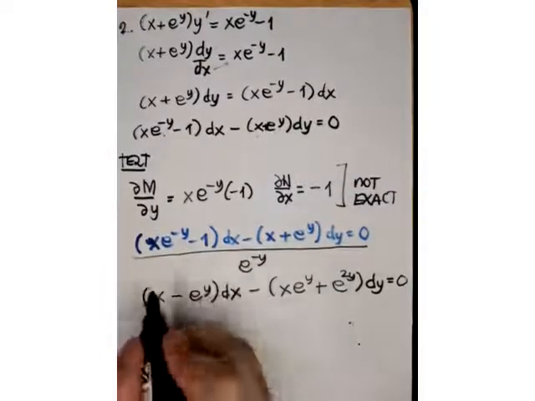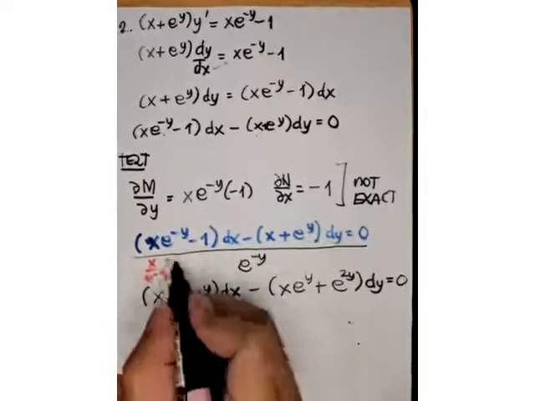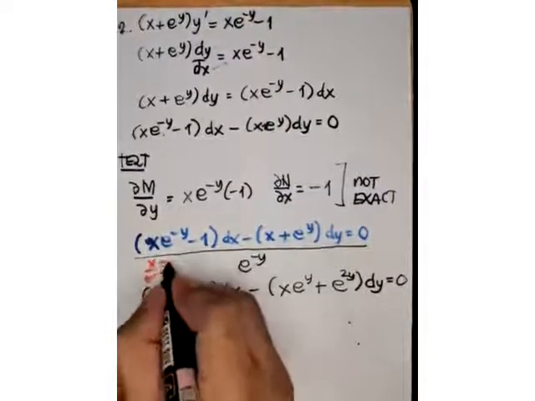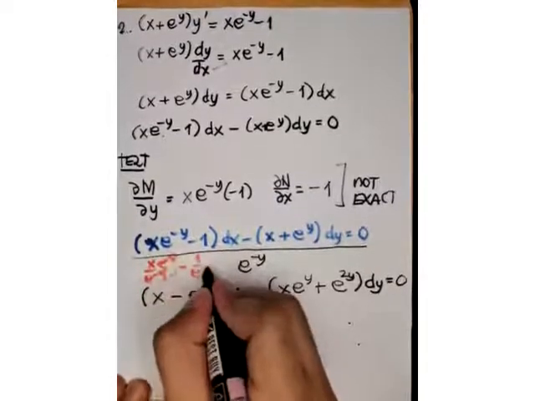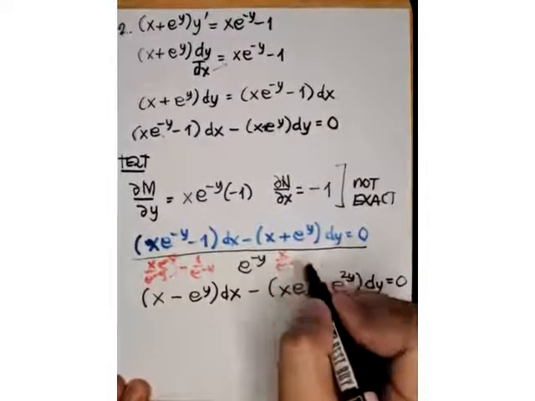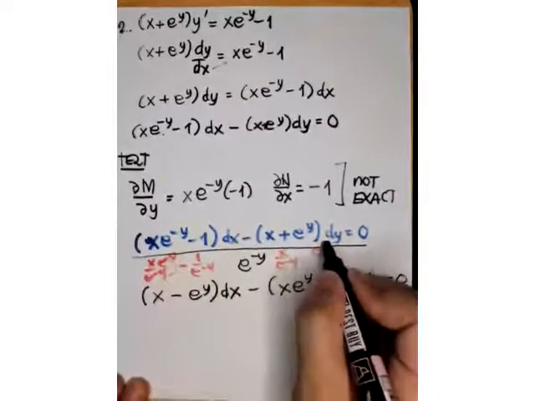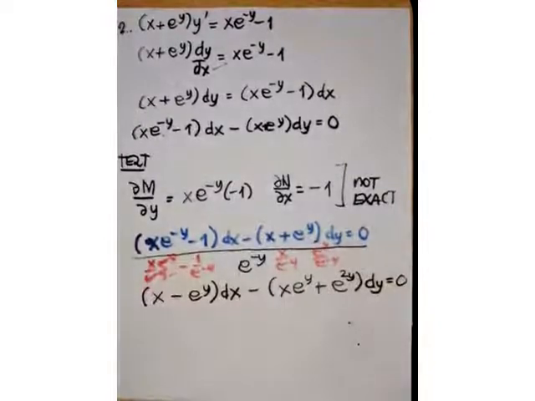Ayan. Ito ay x over e raised to negative y. So, tinaas, cancel pala. Cancel. Minus 1 over e raised to negative y. Ito naman ay x over e raised to negative y. Ito naman ay e raised to y over e raised to negative y. Ayan. Okay, to simplify them, we will have this.